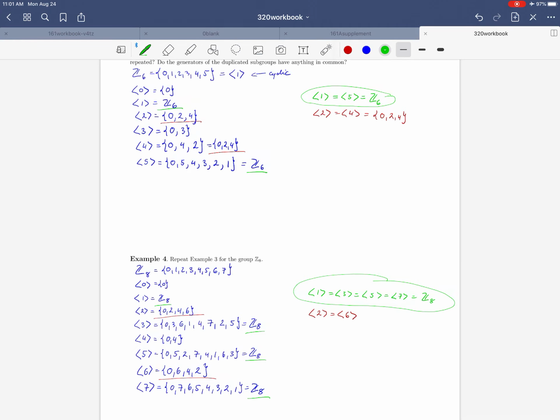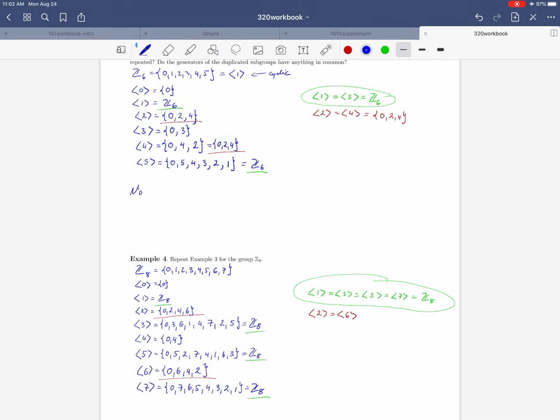And 1, 3, 5, and 7, what do they have in common when the operation is addition mod 8? Well, they all are relatively prime with the order of our group. So 1 and 5 are relatively prime with 6, and 1, 3, 5, and 7 are all relatively prime to 8.